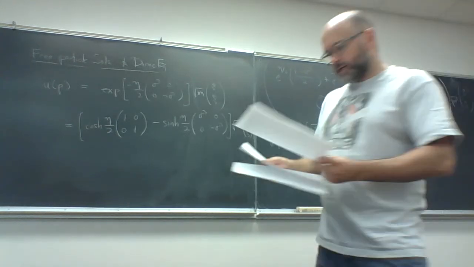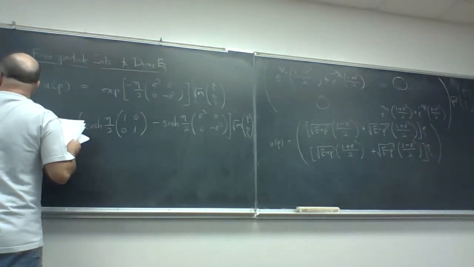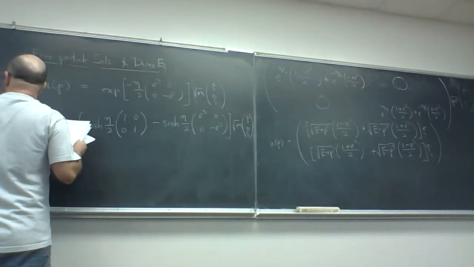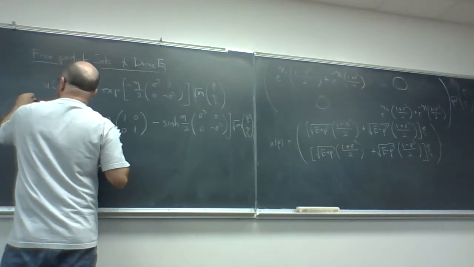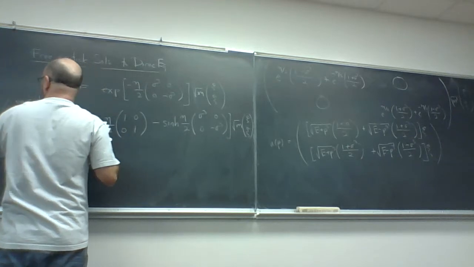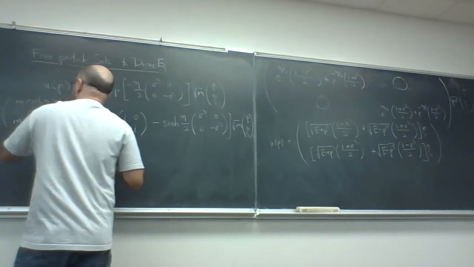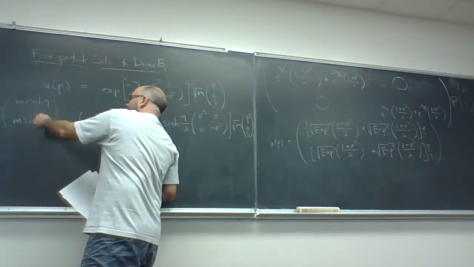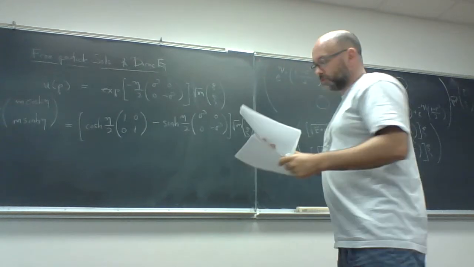Yeah, thanks for saying. So we had found that E is equal to M cosh eta, and P3 is equal to M sinh eta. So you can write these in terms of the exponentials and then get those relationships.